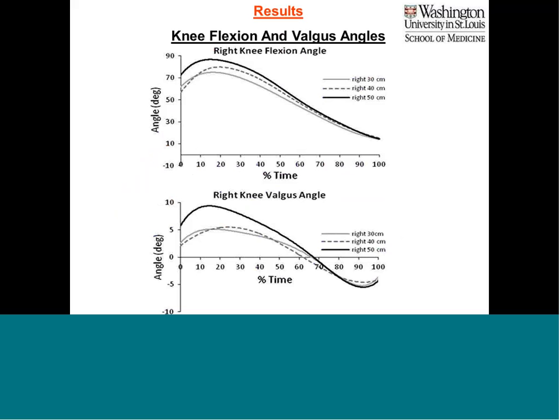I observed that the maximum valgus actually occurred during maximum flexion, and that was during the crouch position right after touchdown. The highest occurred for the 50 centimeter jump, and I found that the amount of valgus that occurred during flexion was very much coordinated.